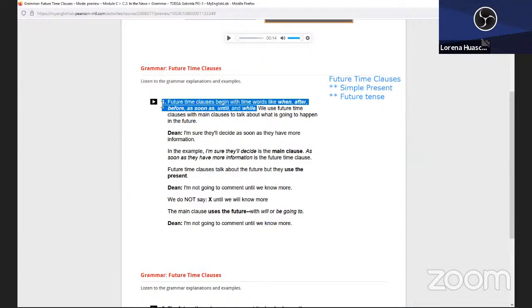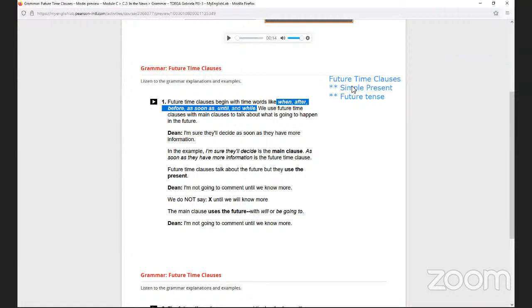These are the connectors we use for making predictions about something that is going to happen in the near future, but after an action in the present happens. The most important thing is that we always use these connectors, so we have to memorize them to join one simple present sentence to one future sentence.